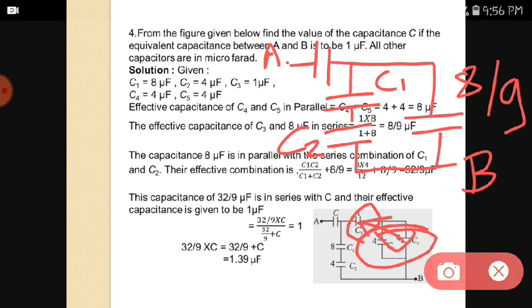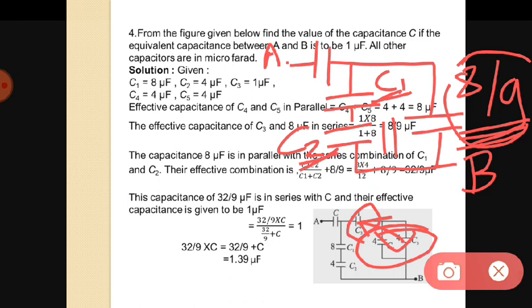Now this 8 by 9 is parallel with the series combination of C1 and C2. Either you can find the series combination of C1 and C2 first and then put it in parallel with 8 by 9, but here we have solved it combinedly.